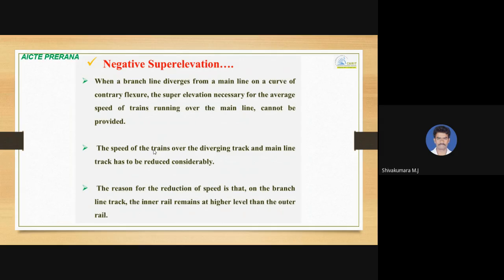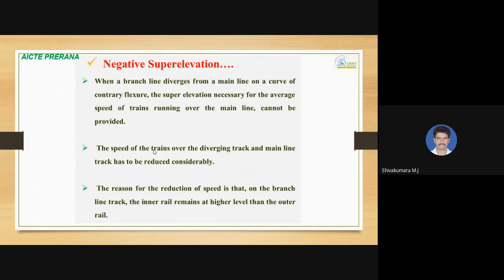So the speed of the trains over the diverging track and the main line track has to be reduced considerably. The reason for the reduction of speed is that on the branch line track, the inner rail remains at a higher level than the outer rail.